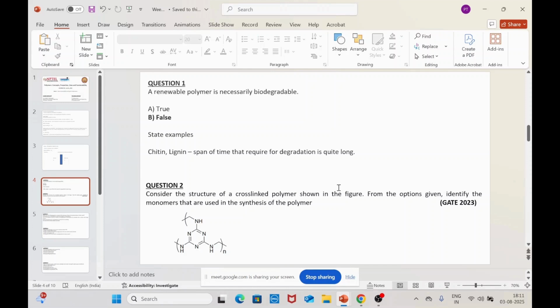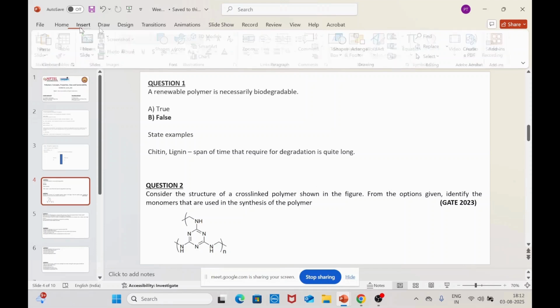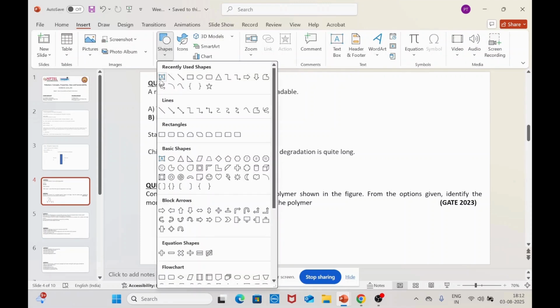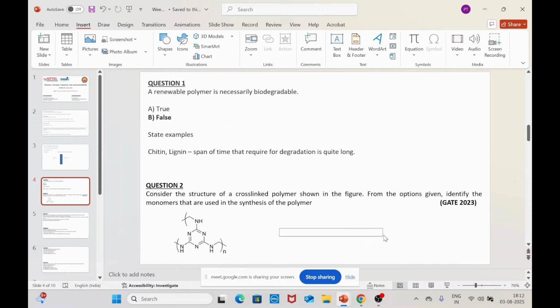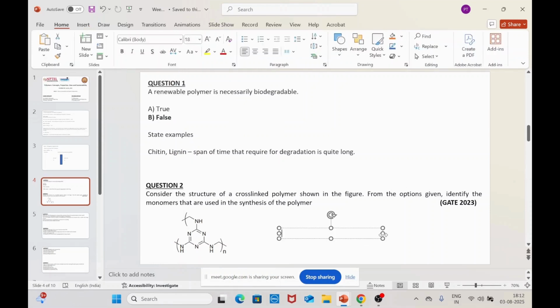Yes, one of the monomers has nitrogen in it. I'll just give one option, because that may be one of the reasons why the second monomer is difficult. One of the monomers is melamine.